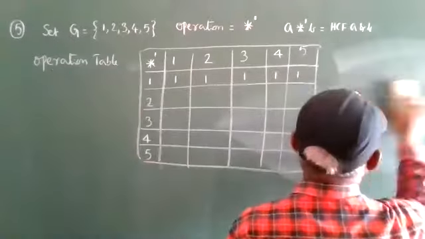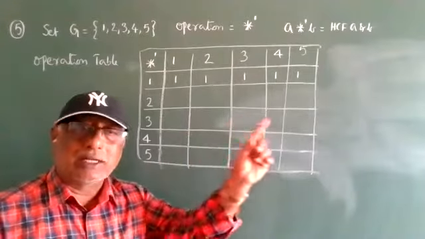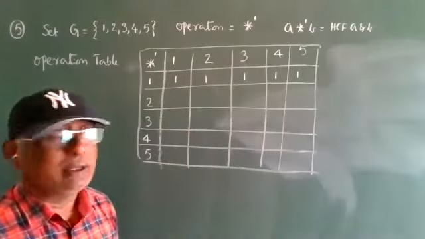Now we start with the 2. Take the vertical numbers and the horizontal numbers.